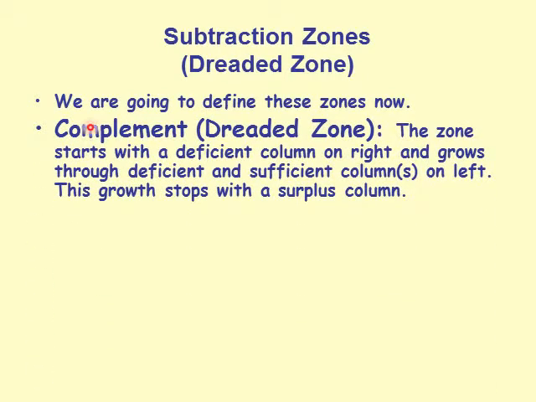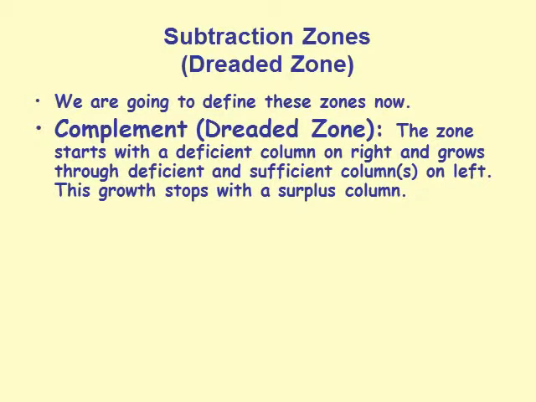Now let's look at what the dreaded zone is. We are going to define 3 zones now. The dreaded zone starts with a deficient column on the right. As soon as we find a deficient column on the right, a dreaded zone starts. That's where we would have an issue in subtracting, as the home team player is challenged and would need some help.